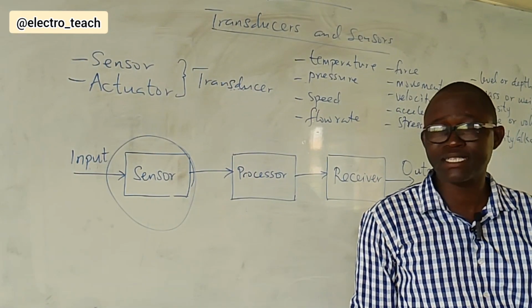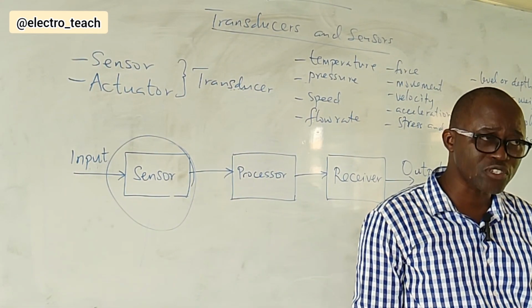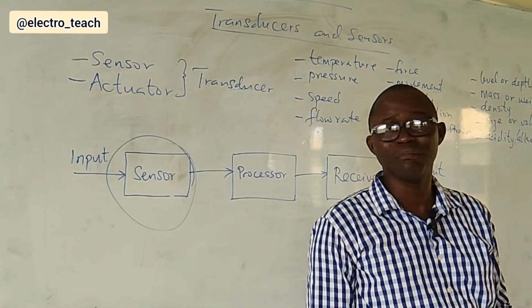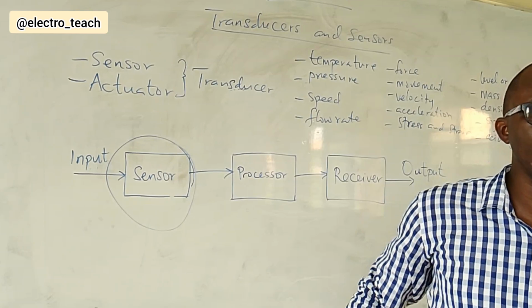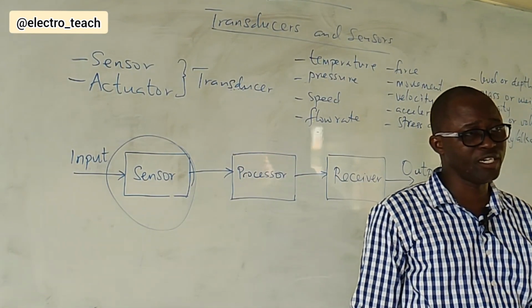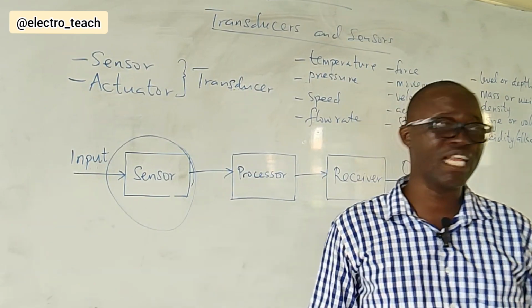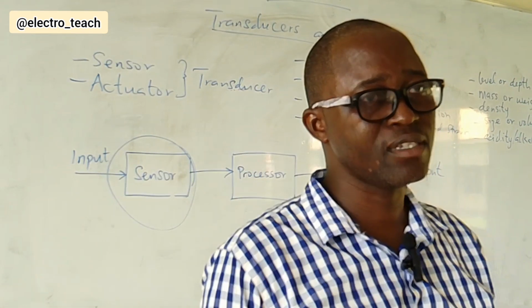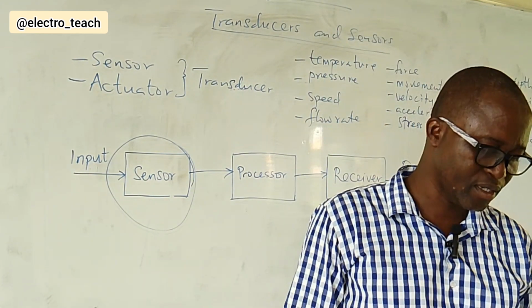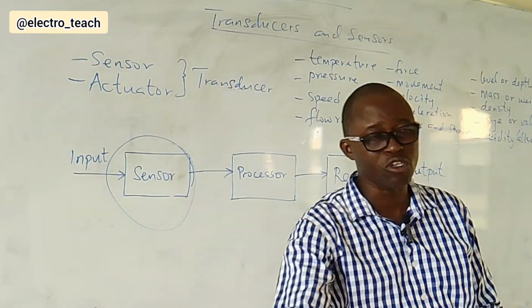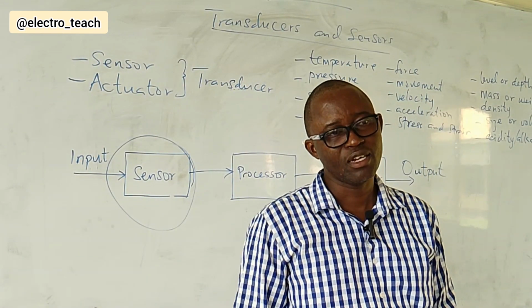Now, to actually set up an instrumentation system, a very good knowledge of the electrical and mechanical characteristics of a transducer is quite important. That is what is going to help you to choose a particular transducer for a specific application. That's what I said earlier.